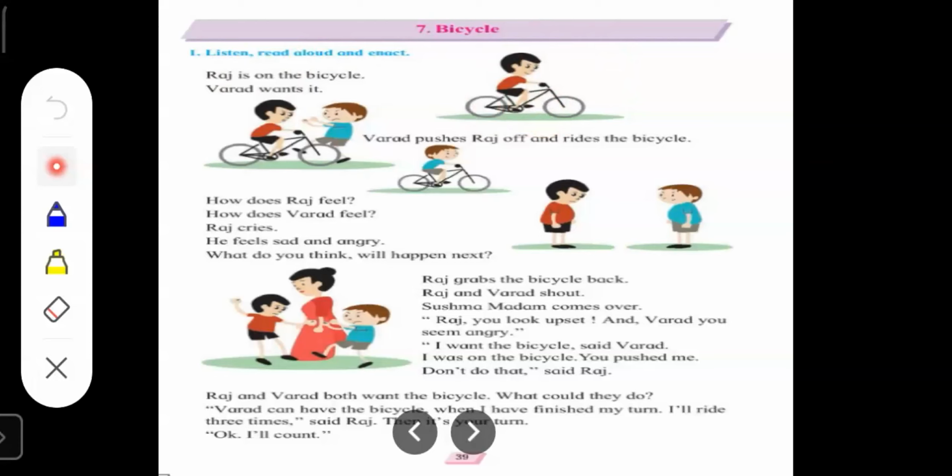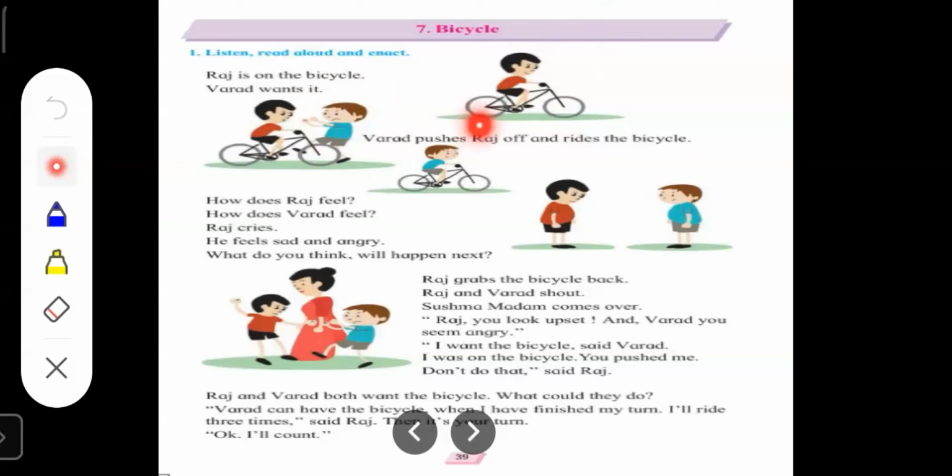Then what happens? Varad wants it. You can see there is one more boy here. The boy in the blue t-shirt, his name is Varad. He also wants to ride the bicycle at the same time. When Raj is riding the bicycle, Varad also wants to ride it at the same time.